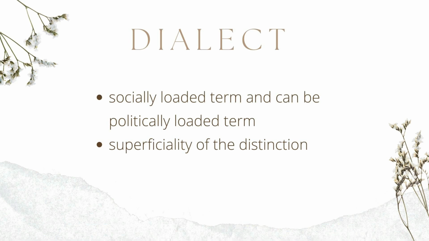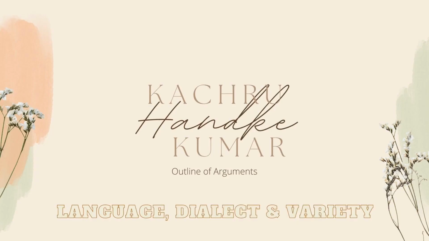It is also the superficiality of the distinction, since all natural languages that people speak are acquired in the same manner. When we speak different varieties, then what we speak is called dialect. And to sum up everything, first is degrees of intelligibility.